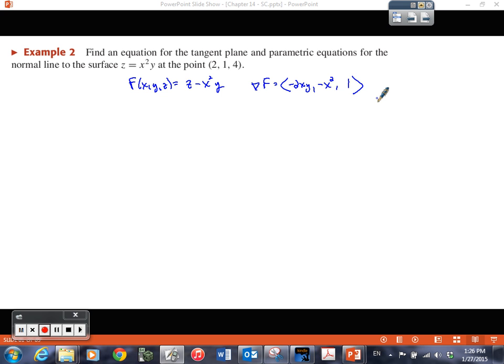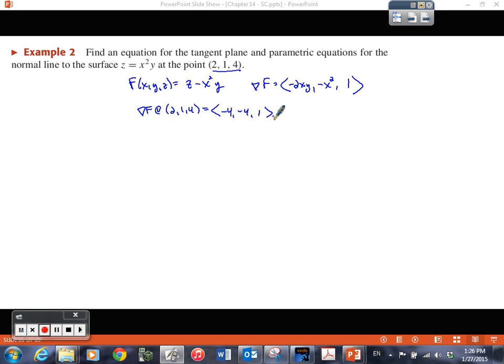And there's our gradient. We want the gradient at (2, 1, 4), so we substitute those values in, and we get a result of (negative 4, negative 4, 1).